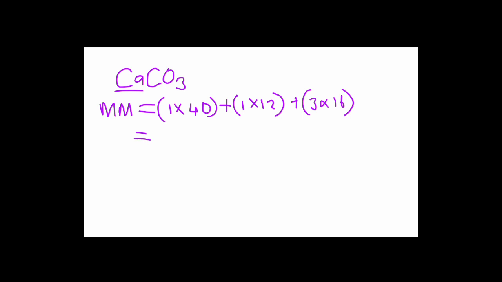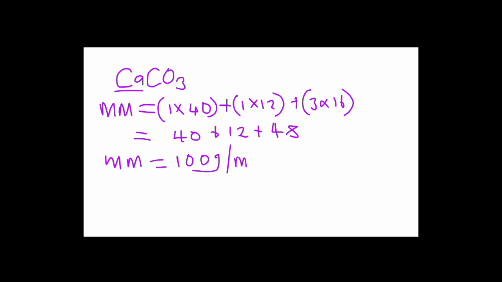We multiply, we are going to get 1 times 40, we will get 40, plus 12, plus 48, where the total molar mass will be equal to 100 grams per mole.